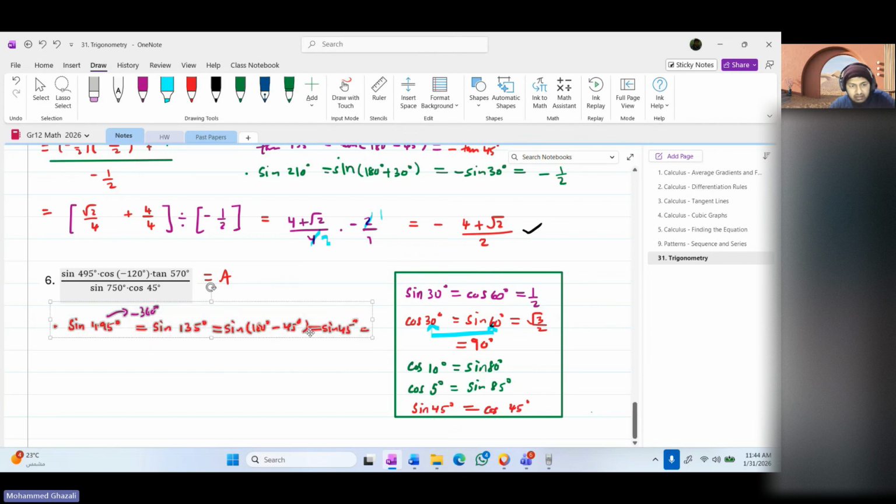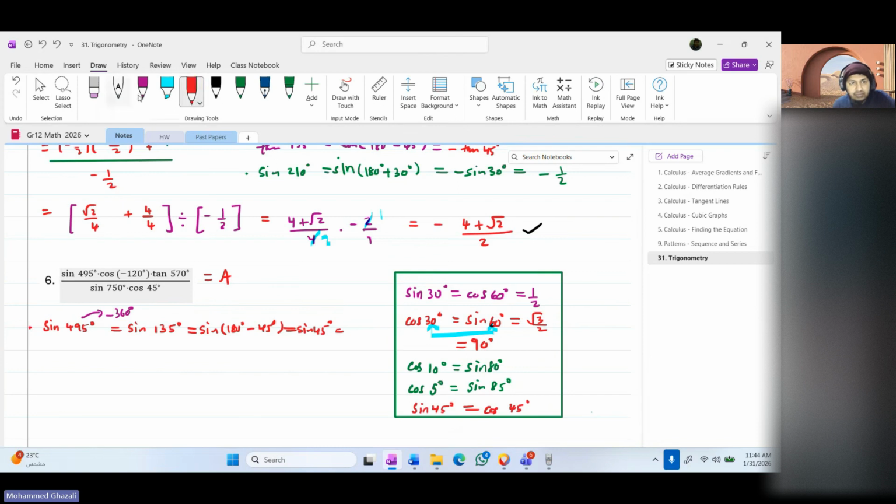I'm just showing you the detail reduction, right? What you can do is go directly from sine 135 to sine 45. You don't need to show this step, because we know what we are doing. That's in the second quadrant, right? I'm not going to show that step now because we've kind of mastered what to do.